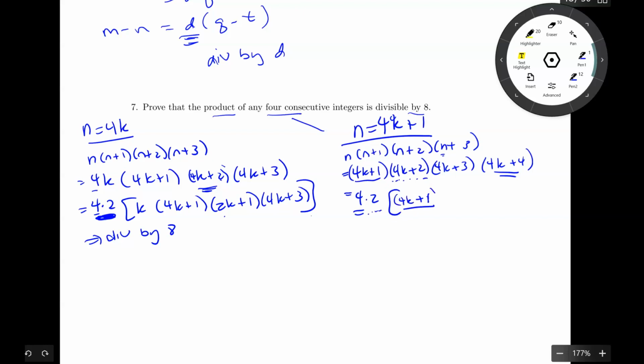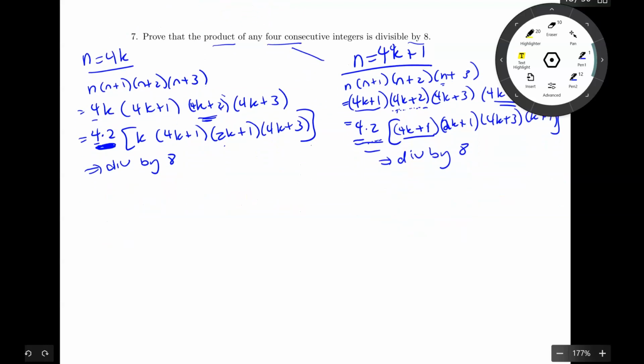So I'm writing 4k plus 1 times, and I factored a 2 out of this one, so this is going to give me 2k plus 1, 4k plus 3, and k plus 1 because I factored a 4 out. There it is. So divisible by 8. Okay, so then I have 2 more cases to do. Yay, almost done.